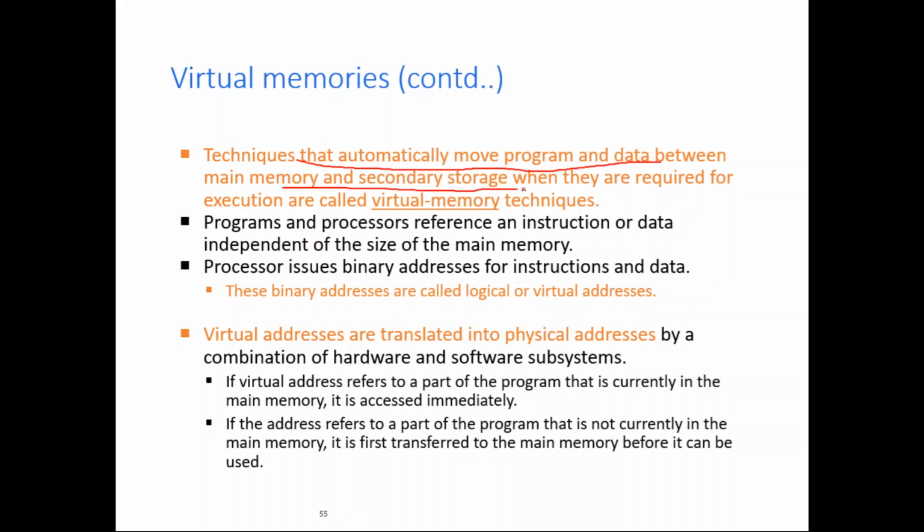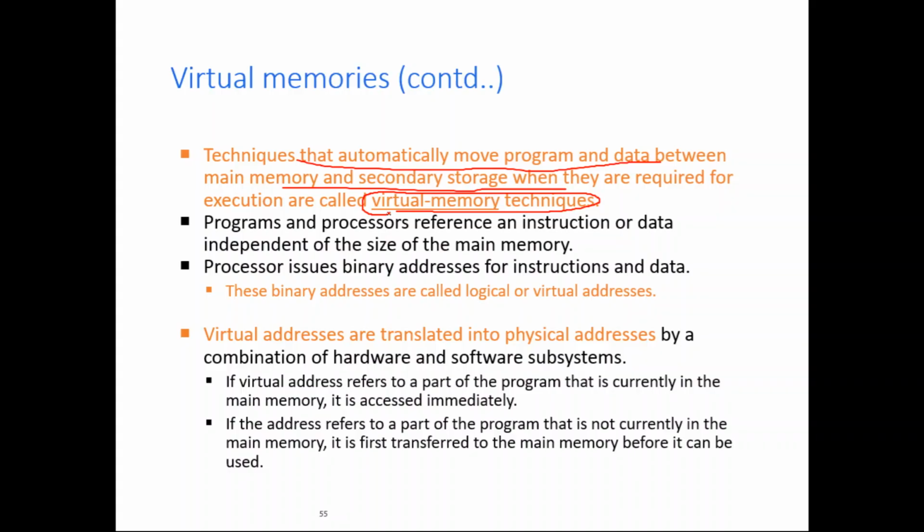Okay, so there are certain techniques that automatically move programs and data between main memory and secondary storage depending on the requirement. These set of techniques are called virtual memory techniques. So basically, the concept of virtual memory is that even though your main memory does not have enough capacity, you can still load a program which is larger than the size of the main memory, right?